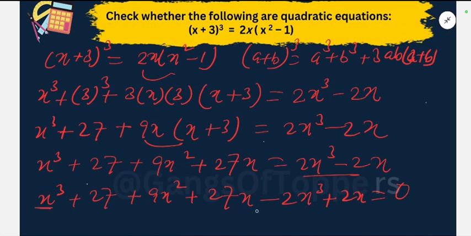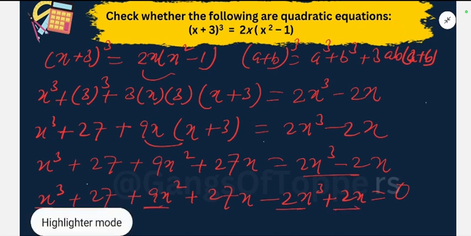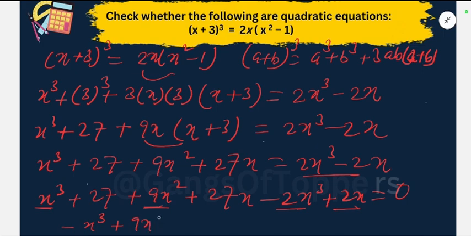Now x cube and minus 2x cube will become minus x cube, and 9x square remains 9x square, and 27x plus 2x become 29x, and plus 27 equals 0.